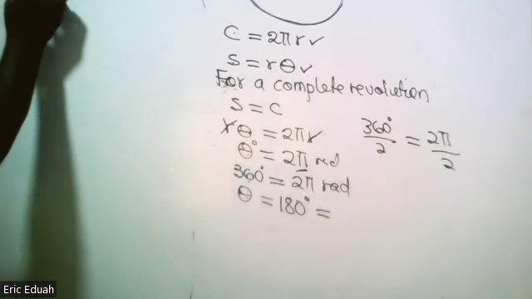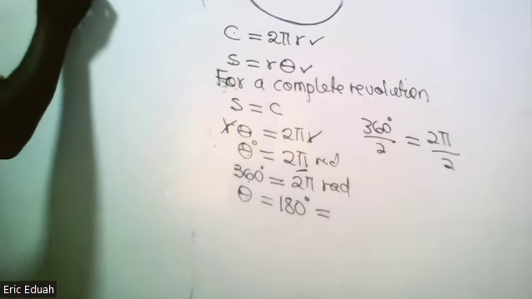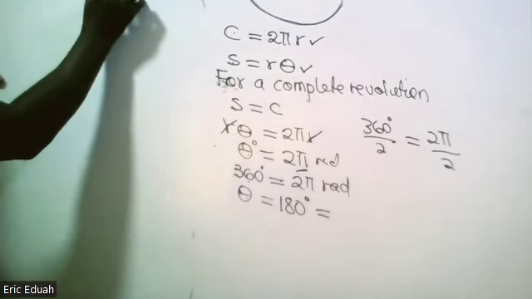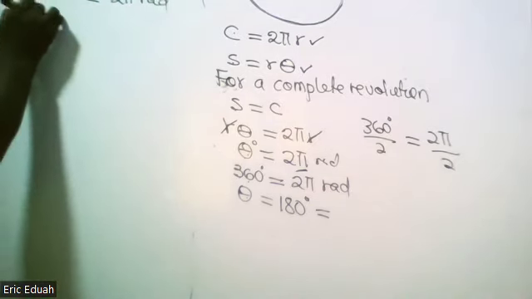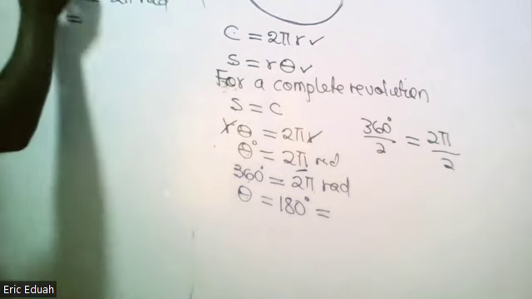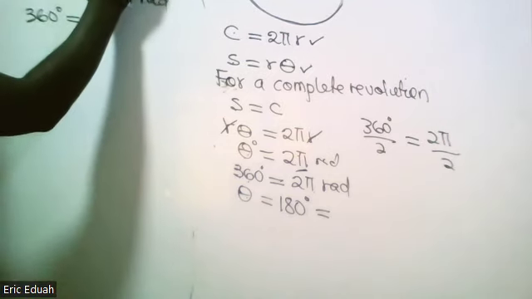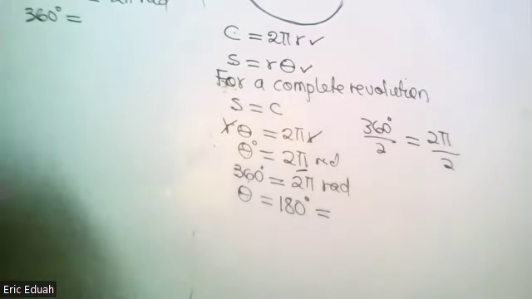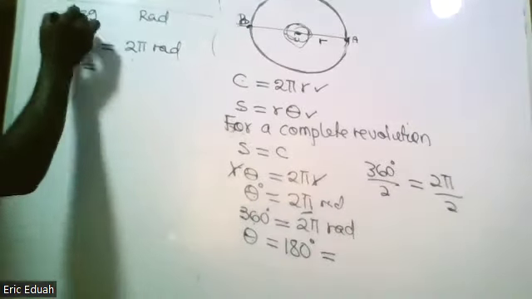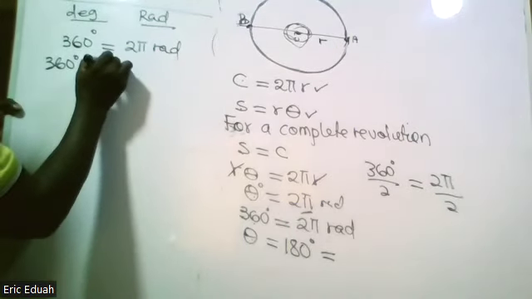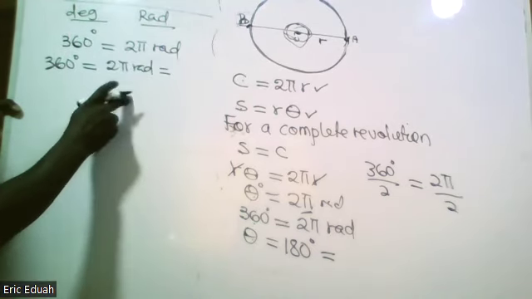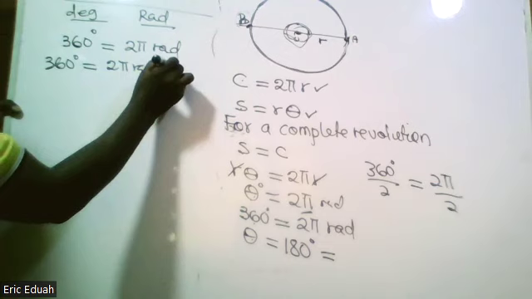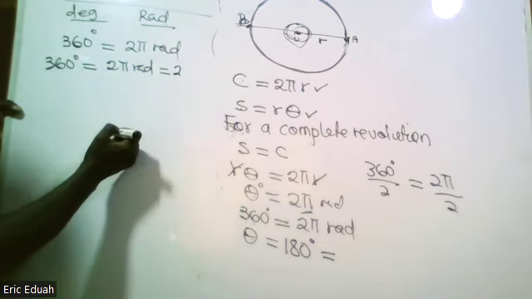So we've just established that 360 degrees is equal to 2 pi radians. Whether you express this in degrees or radians, either 2 pi, or I can also substitute the value of pi, which is 22/7 or 3.142.